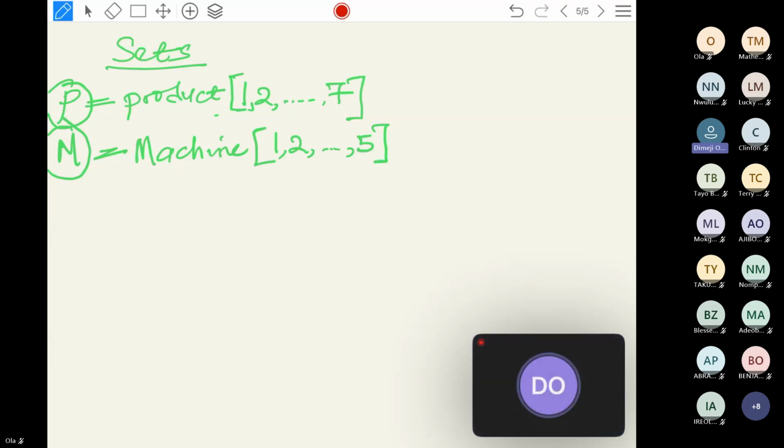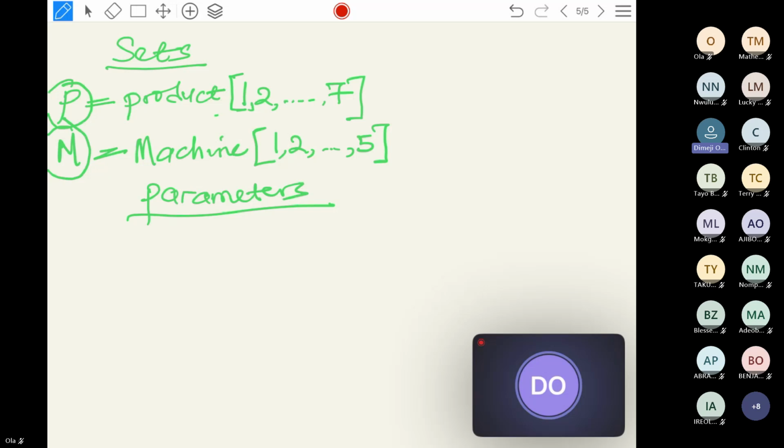And then the next one is the parameters. Can somebody just help us from the question I have put on the screen before?